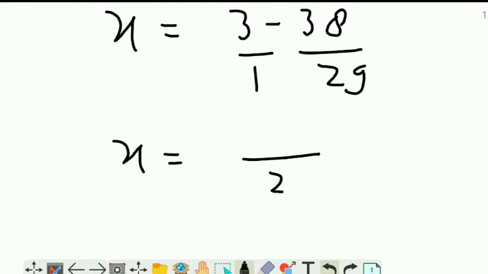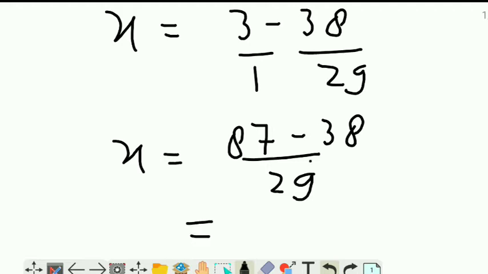LCM is 29, and 29 times 3 is, just multiply, 3 times 9 is 27, carry 2, 3 times 2 is 6 and 2 is 8, so 87 minus 38. So what will come? 17 minus 8 is 9, and here 7 minus 3 is 4. 49 upon 29. It is the value of x.